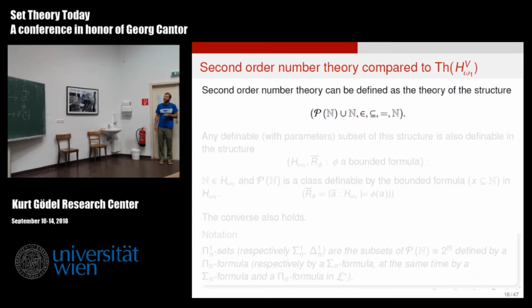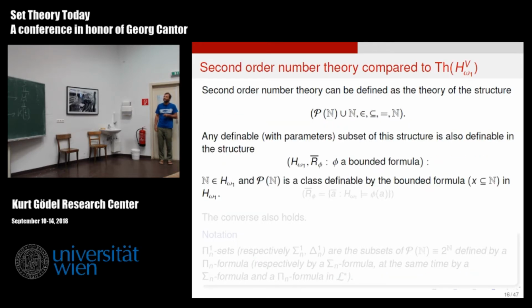Okay. What do we do? Well, we consider second order number theory. And clearly, this theory is interpretable here, because this class is a subset of H omega 1, and any set definable here is definable here.